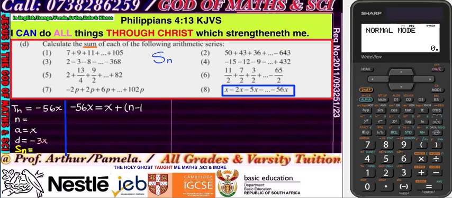Then the first common difference is negative 3x.